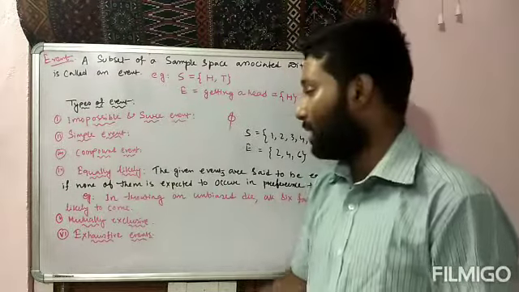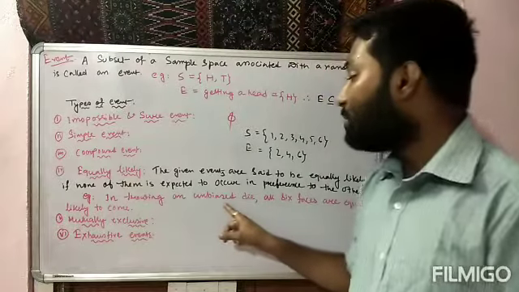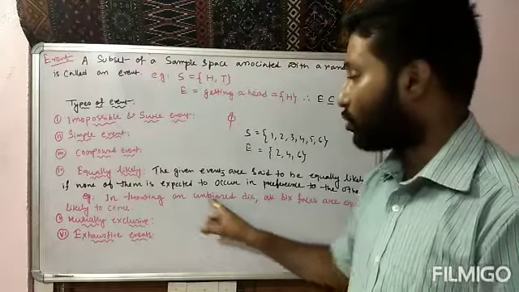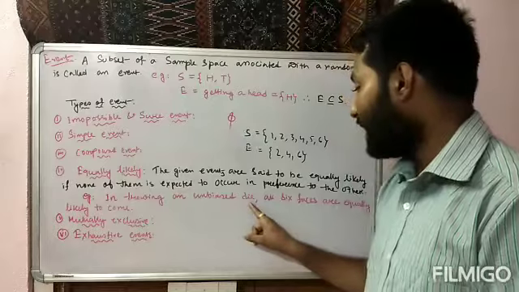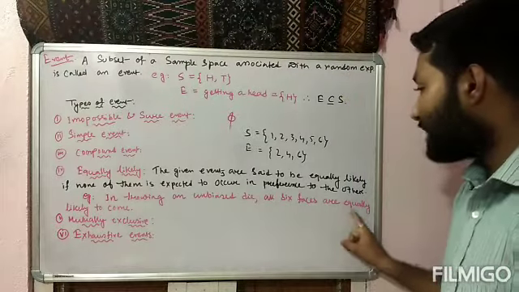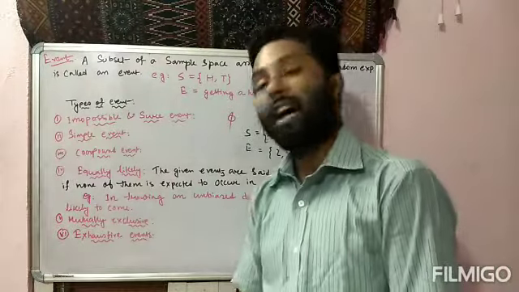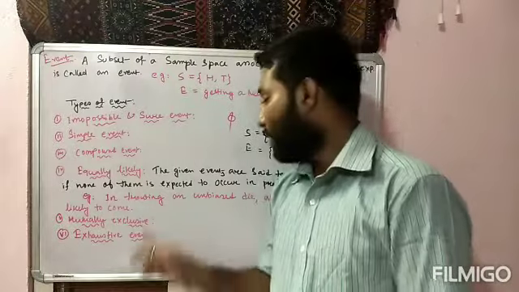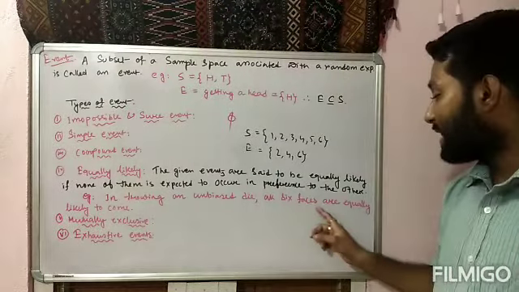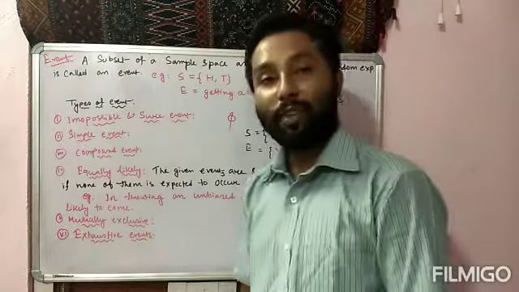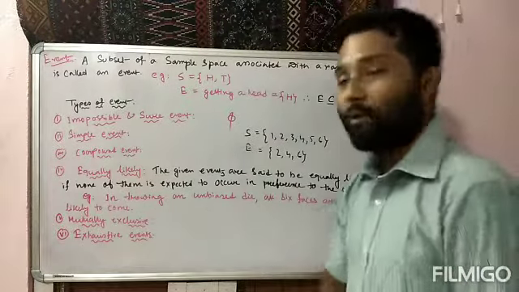Say for example, in throwing an unbiased die, all 6 faces are equally likely to come. Okay? In throwing an unbiased dice, all 6 faces are equally likely to come. This is an example of an equally likely event.